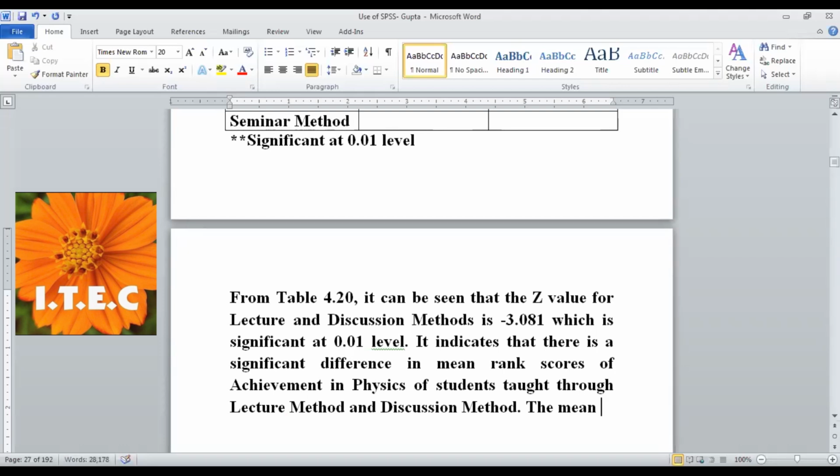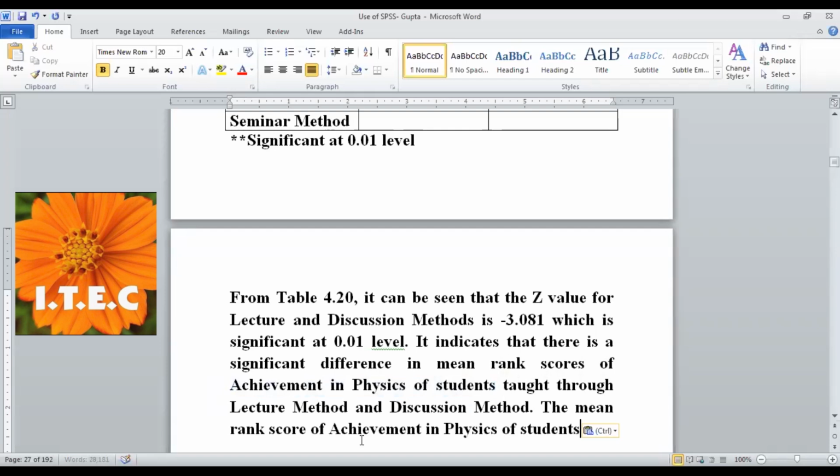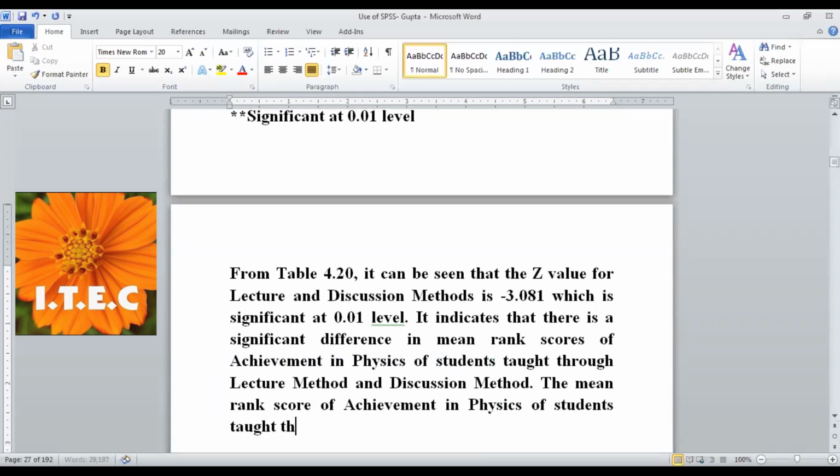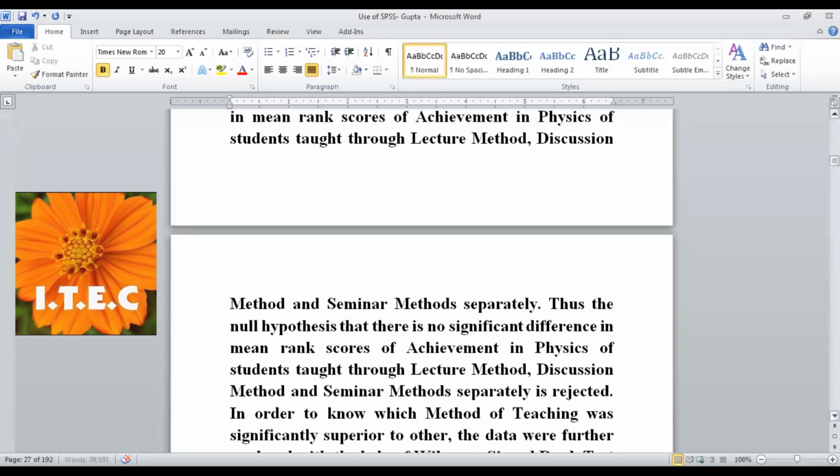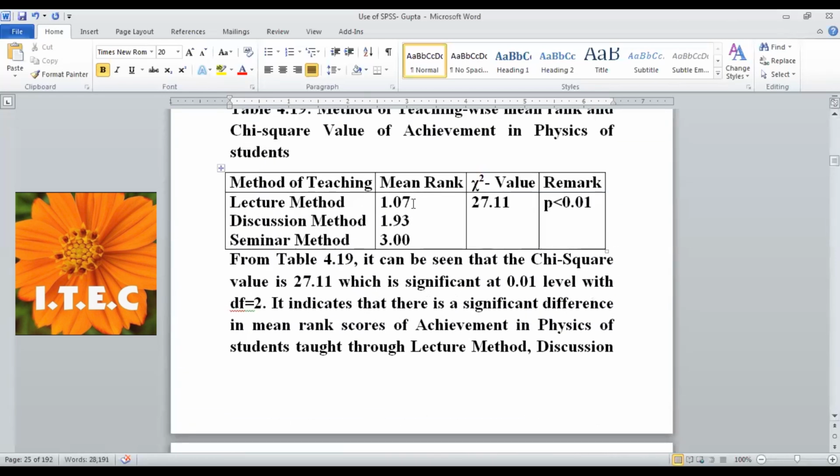The mean rank score of achievement in physics of students taught through lecture method is, you see what I am now writing, 1.07, which is significantly lower than the students taught through discussion method.